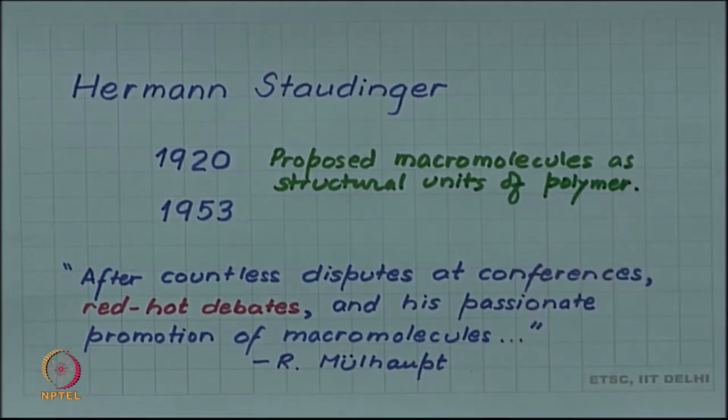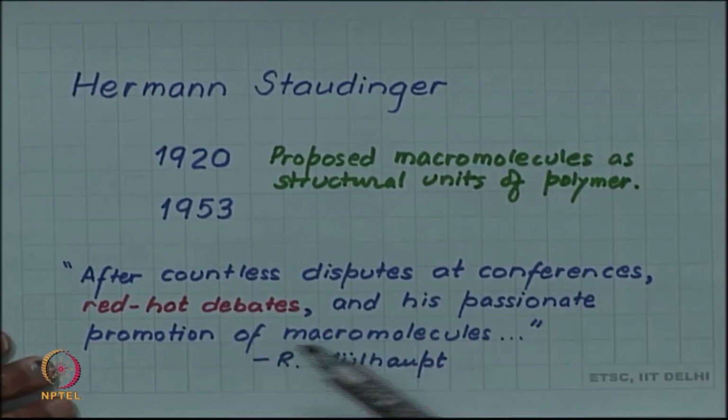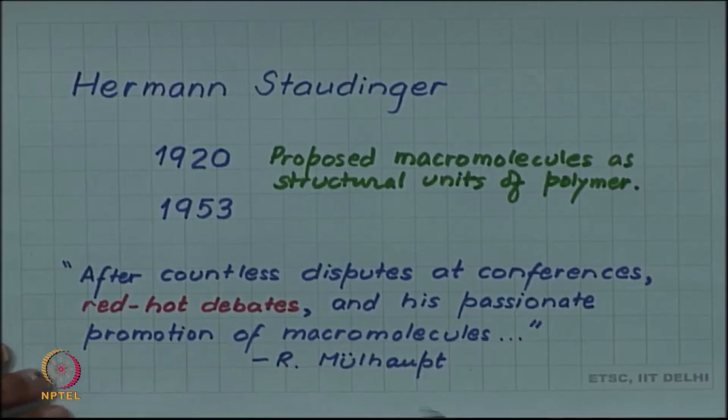This was not easily accepted by the scientific community. There was opposition to this thinking, and there was disbelief that a single molecule in a polymer may contain such a large number as 10,000 carbon atoms. So, after countless disputes at conferences, red hot debates, and his passionate promotion of macromolecules, this is how one author puts it, in 1953 he was awarded the Nobel Prize.